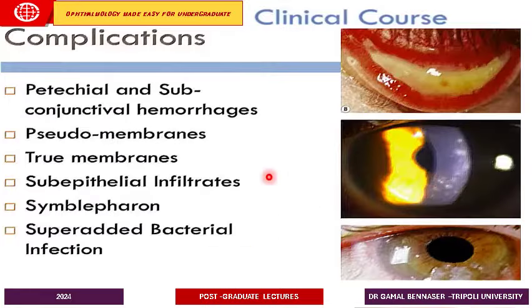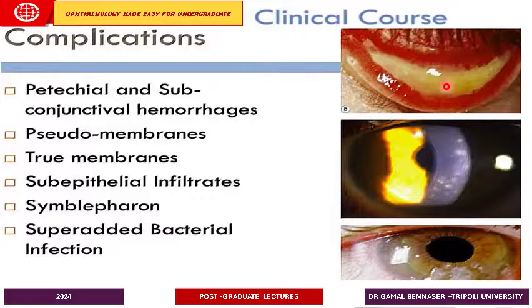Now, as far as the complications, there are different types that can happen. The most common are subconjunctival hemorrhages, and what's known as pseudomembrane formation like this one. We will speak about the difference between true membranes and pseudomembranes, which is due to deposition of inflammatory exudates along the inferior or superior tarsus.